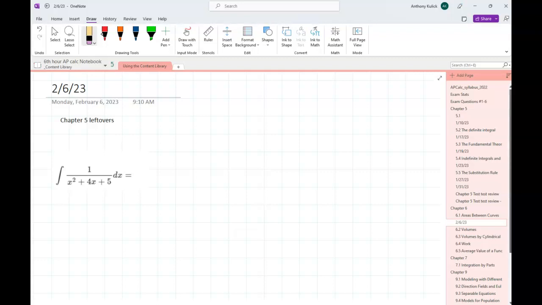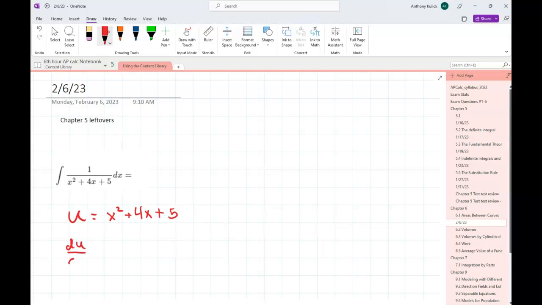Paul? Could you set the entire denominator to u? Okay, so you want to try a U substitution. This is a U substitution problem. That's why it should have belonged in Chapter 5.